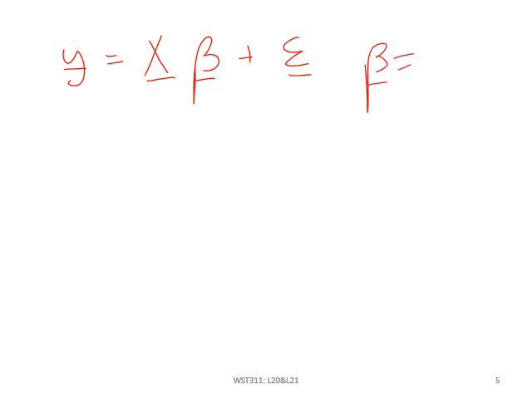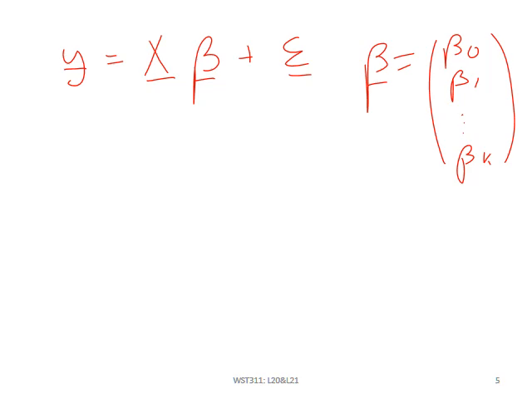The multiple linear regression model can be written in matrix notation. The random vector y equals the design matrix X, the parameters vector beta, plus the error vector epsilon. The parameter vector beta equals beta naught, beta 1 up to beta k.